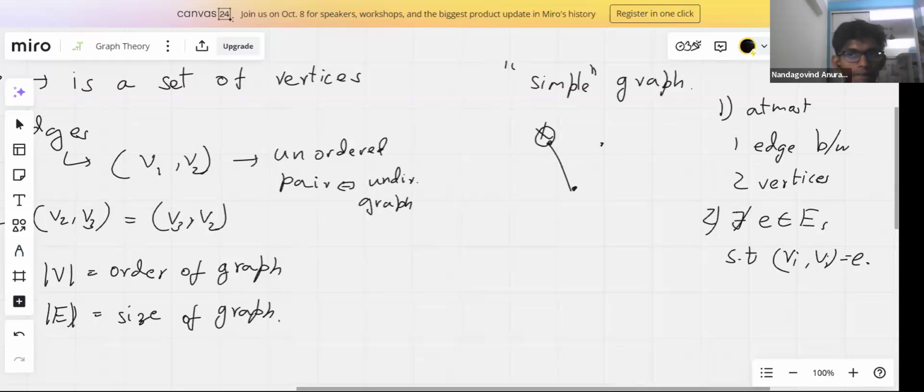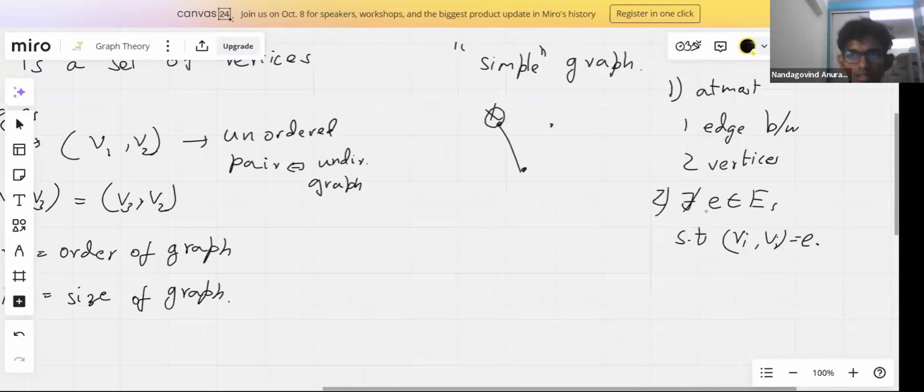Can I explain this once? What this basically means is that there is no edge which connects the same vertex to itself. This is called a self loop, and in a simple graph, we assume that there do not exist any self loops.